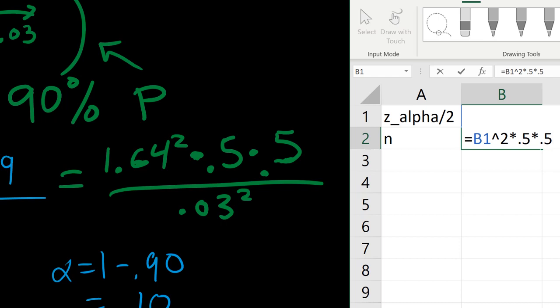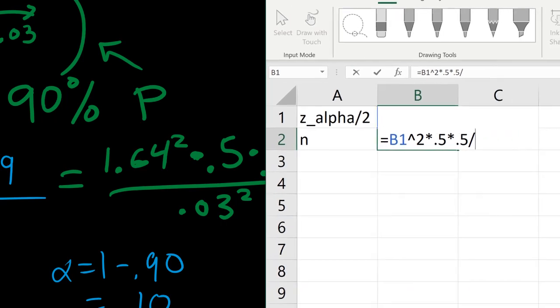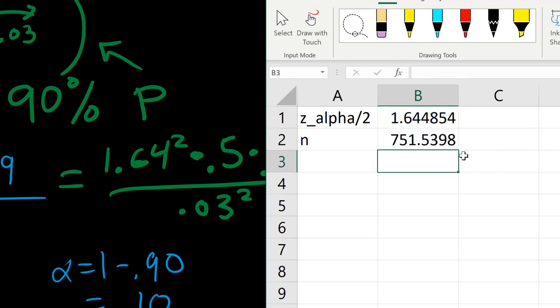That would have worked as well. Divided by, let me move this over so we can see it, the margin of error squared. So 0.03 squared. Okay. So we have Z squared times P times Q divided by the margin of error squared. Press enter, and there we have it.